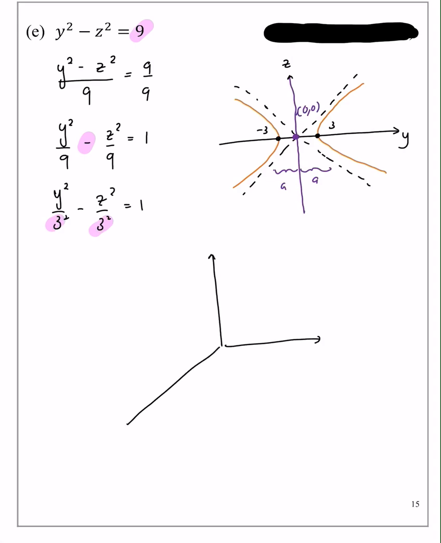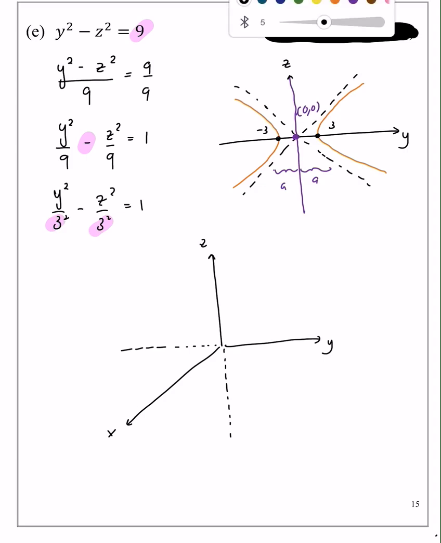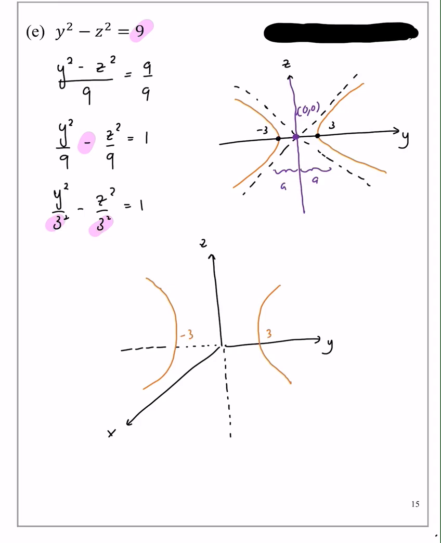This is y, this is z, this is x. Our hyperbola is at the front wall, so basically it would be located here and here. You have 3 and minus 3 here. Now what you need to do is project.